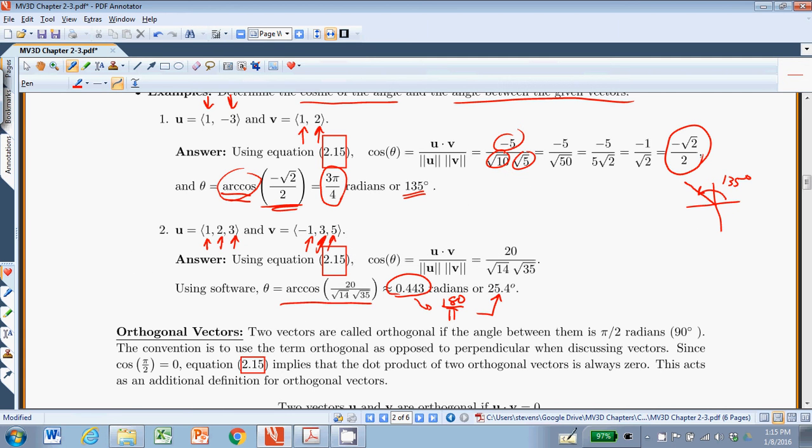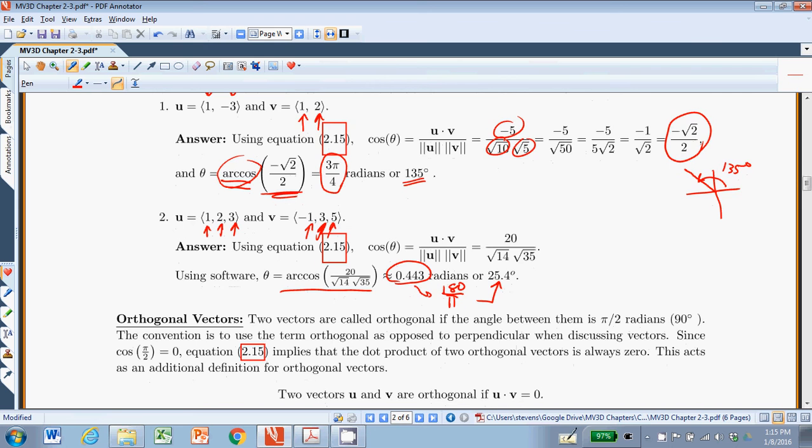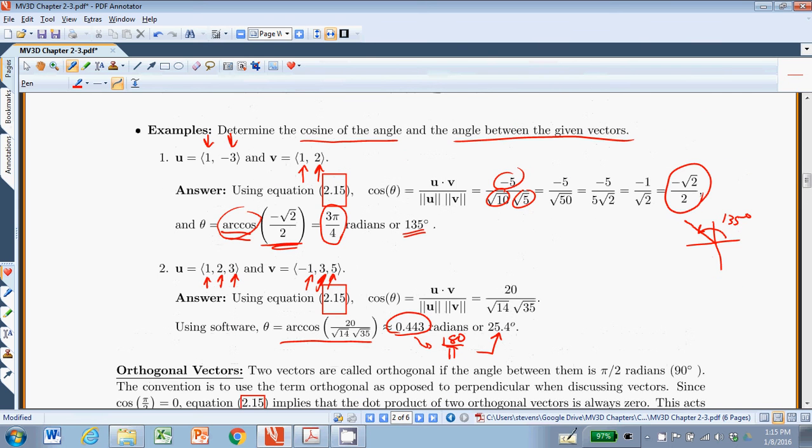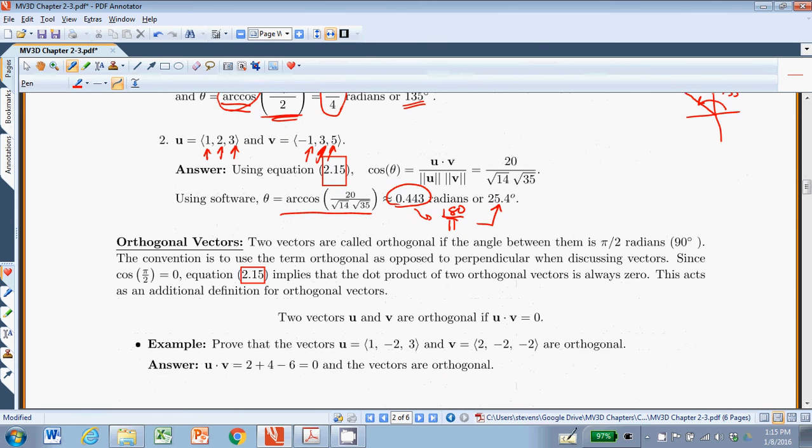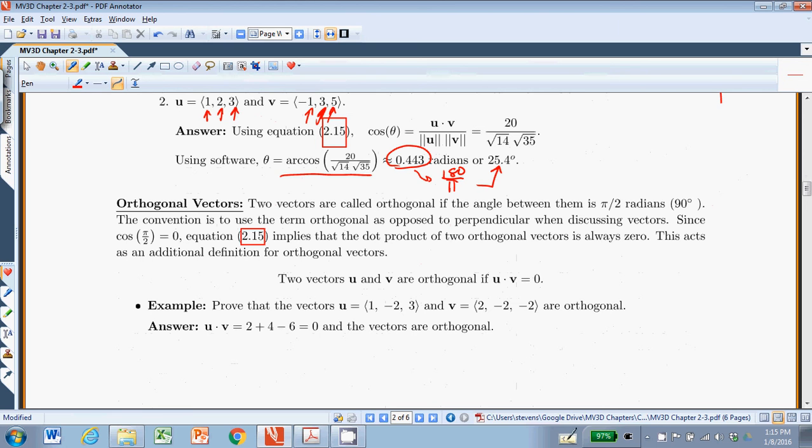Another useful property of this formula, so let me show you this formula here. I'll rewrite it here. The cosine of theta equals u dot v over the size of u times the size of v. So notice the only way that this thing equals 0 is if u dot v equals 0.